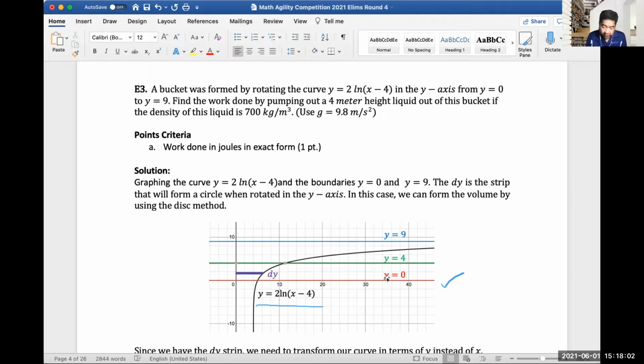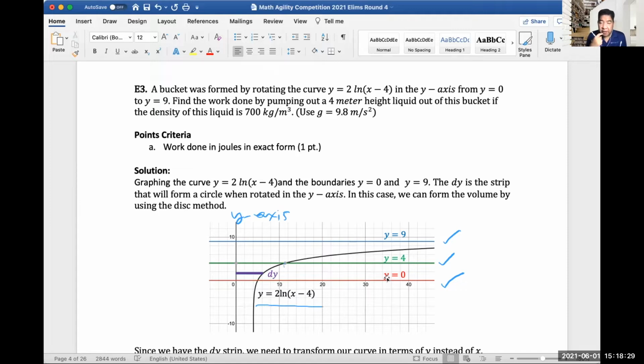Since we are rotating it about the y-axis, this is our y-axis here, and the liquid is only up to 4 meters. So I drew the horizontal line at 4 meters here, which is the green line. I would have an intersection here between the curve and y equals 4.